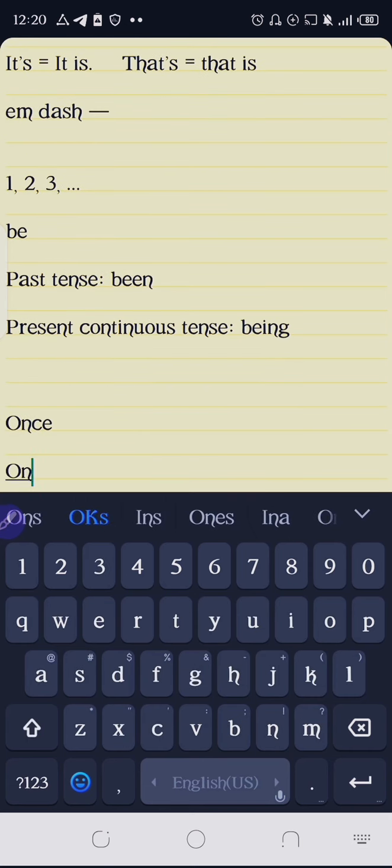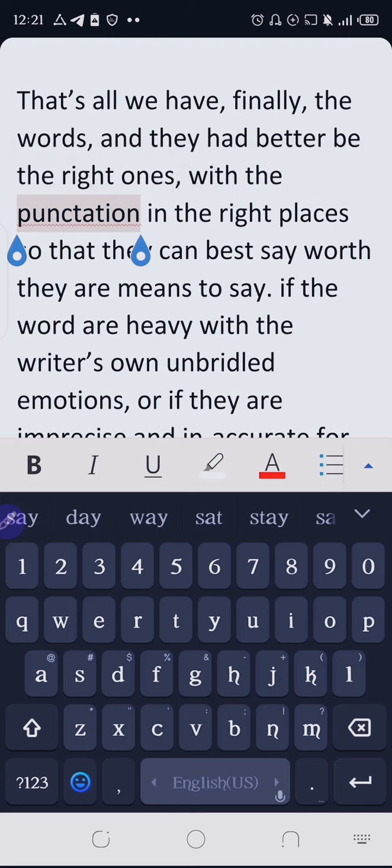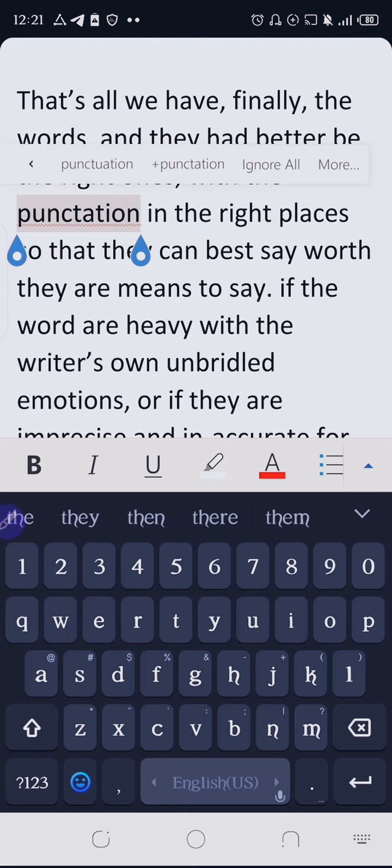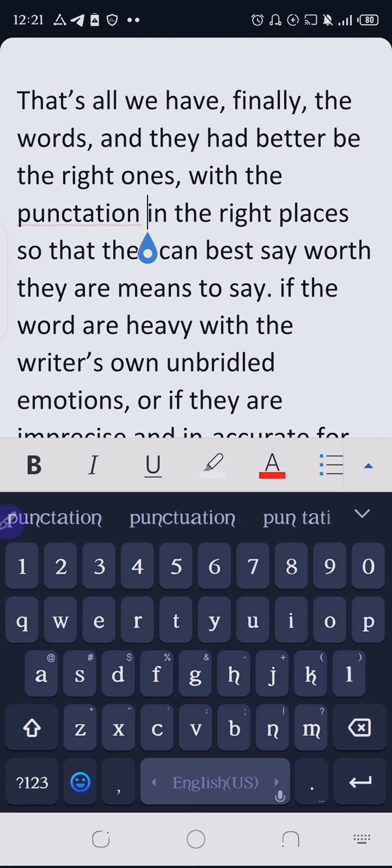With the punctuation. Punctuation is actually wrongly spelled here. So we have to have the punctuations.